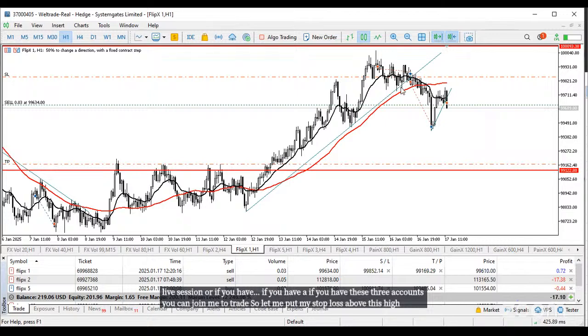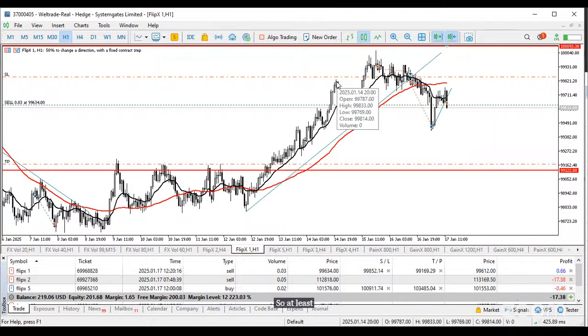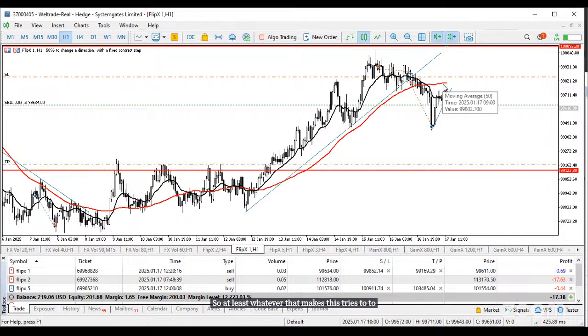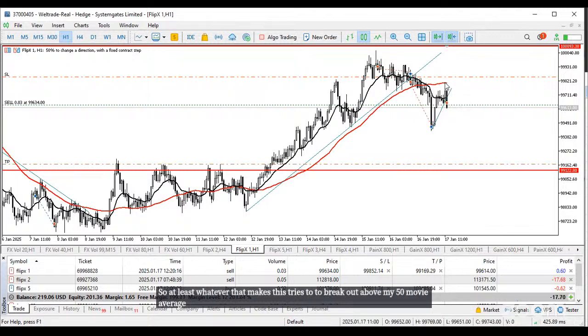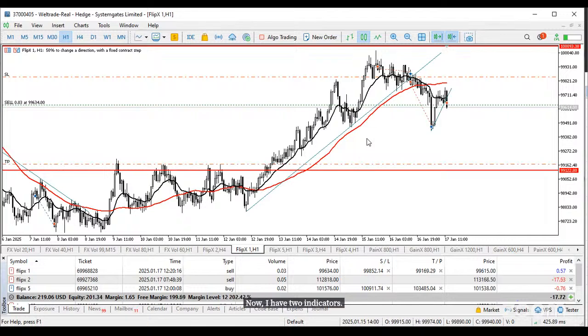So at least whatever makes this price break out above my 50 moving average, then I count it. Now I have two indicators that I'm using on this synthetic for confirmation, along with my price action. This red one is the 50 moving average, and this black is the 14 moving average.